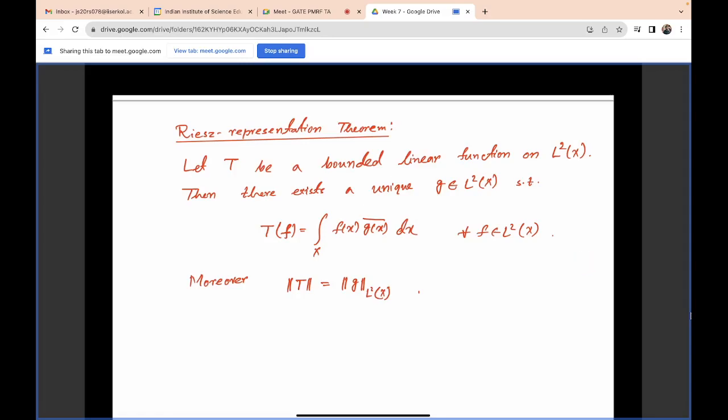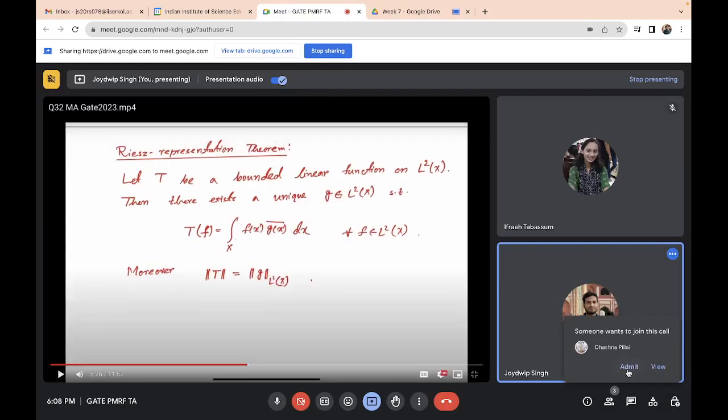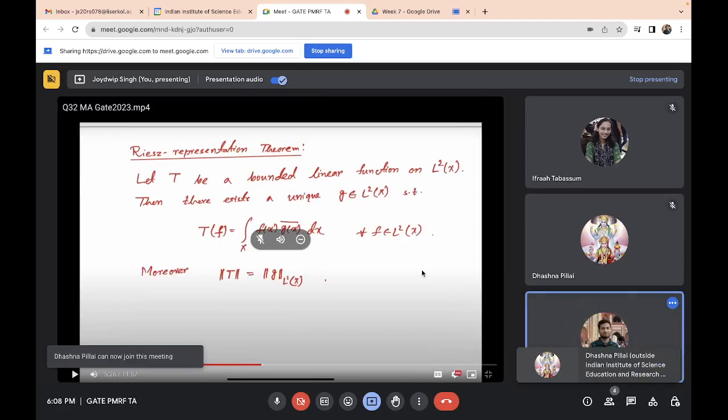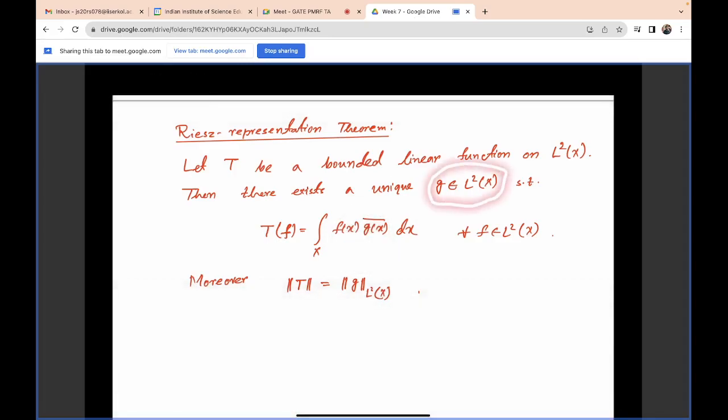And more generally for LP spaces this type of theorem is also true, but then g belongs to the LQ space, where q is the conjugate exponent, 1 by p plus 1 by q equals 1.